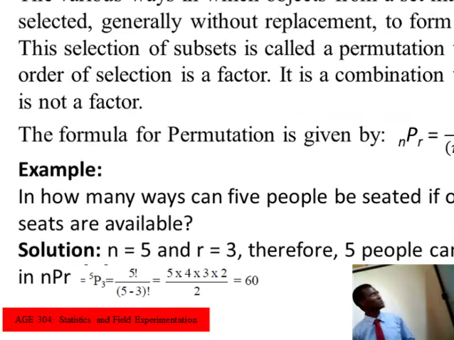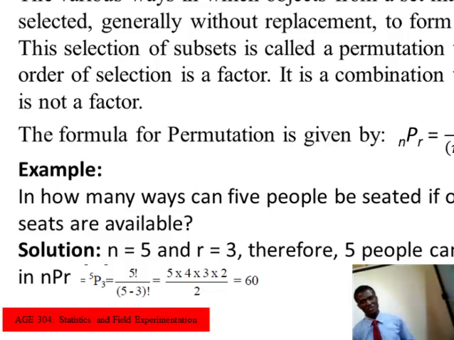Permutation and combination are the various ways in which objects from a set may be selected, generally without replacement, to form subsets. This selection of subsets is called a permutation. However, if the order of selection is not a factor, then it is termed a combination.